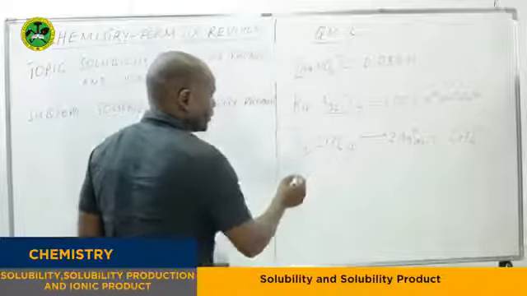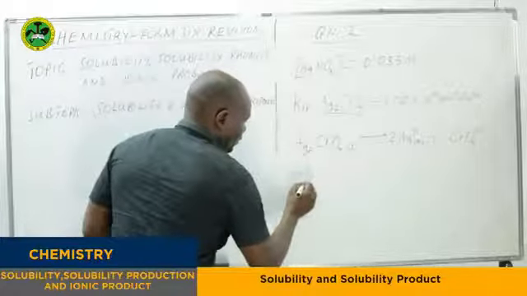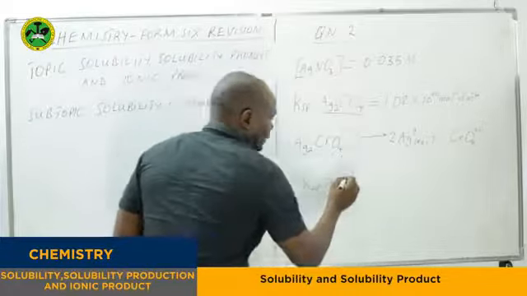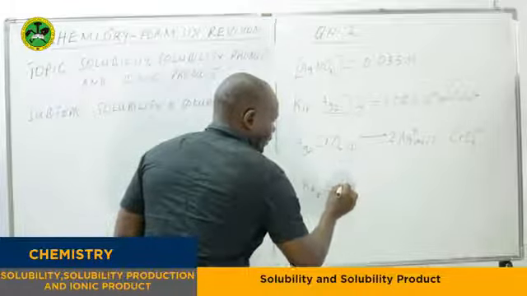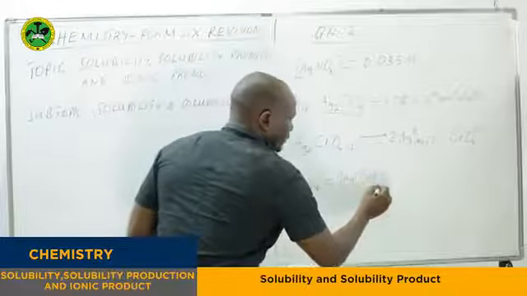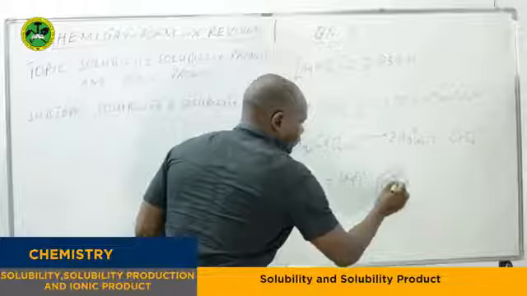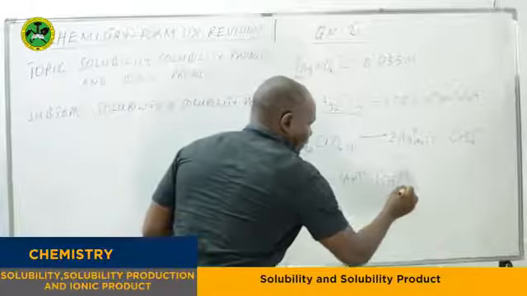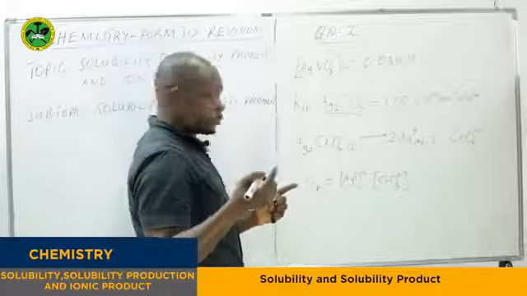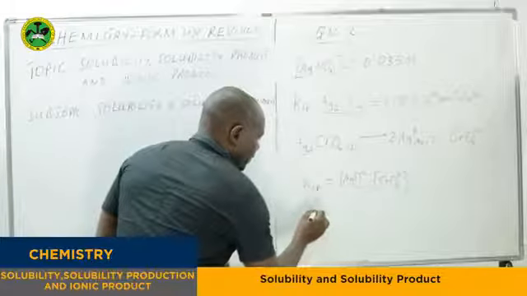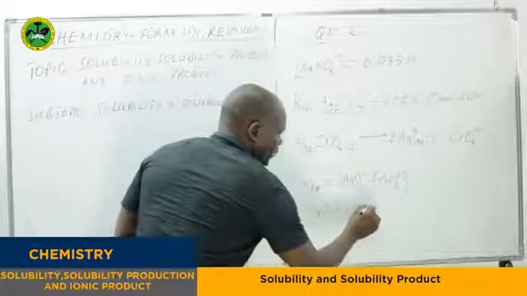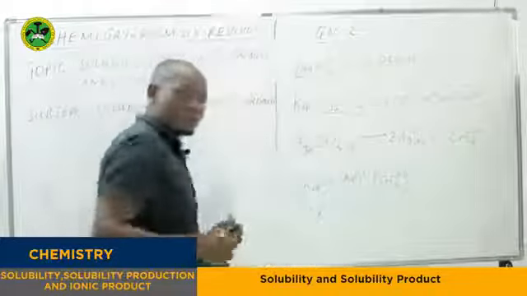Here the Ksp is obtained by taking the concentration of silver squared, times the concentration of chromate, and let the solubility be X. So if we let the solubility to be X, then Ksp will be equal to X squared times X, which is the solubility of chromate ions.